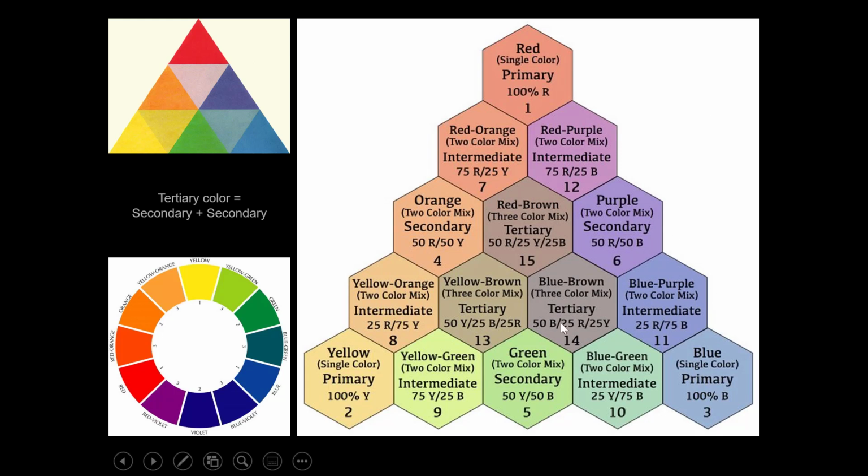What we get in the middle are tertiary colors, and tertiary colors are secondary plus secondary. So purple plus orange gives you a tertiary color. And here's where we get back to the theoretical versus what actually happens when we try to do things with pigments. Goethe liked the idea of thinking about this in theory.